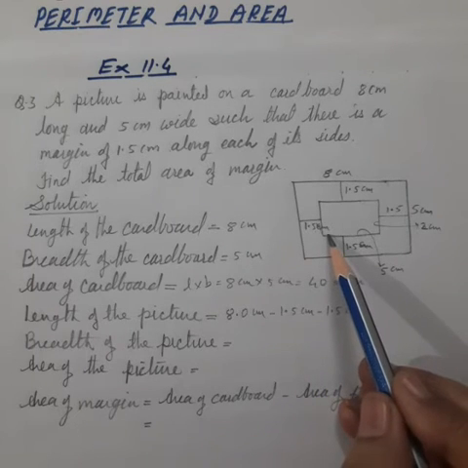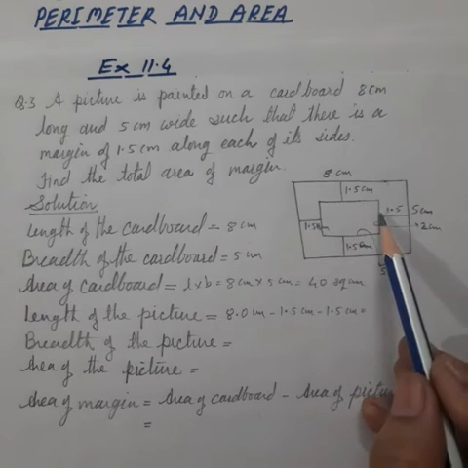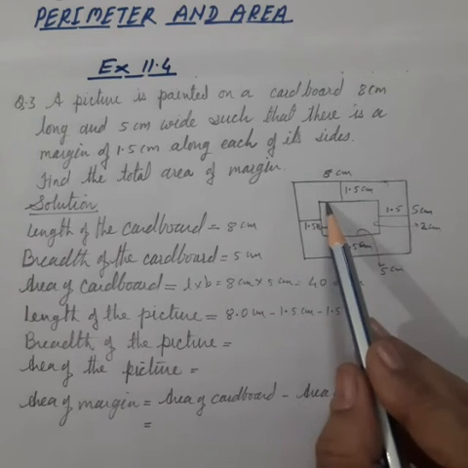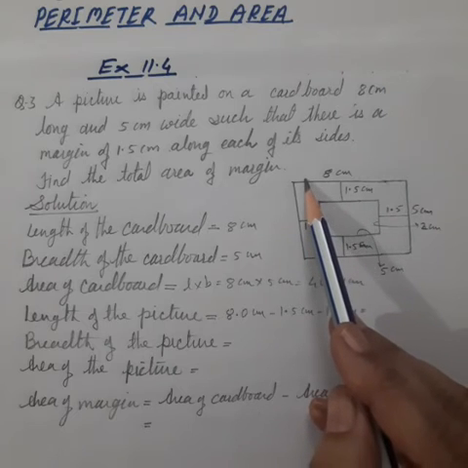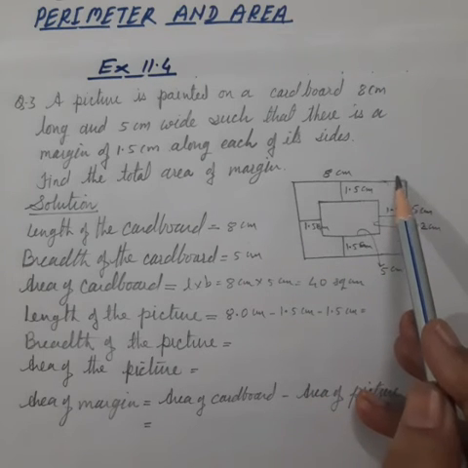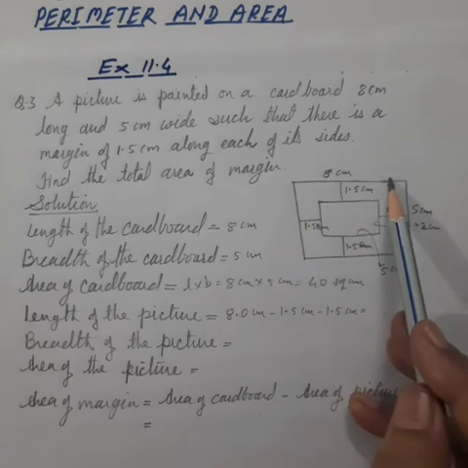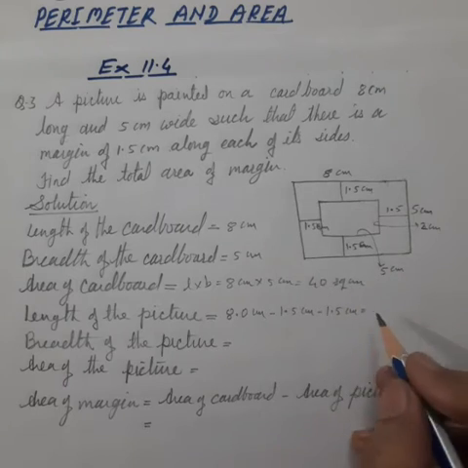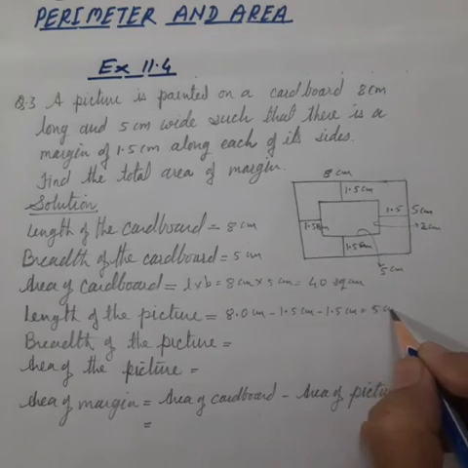Now we have to find out the area of painting. The margin from all sides is 1.5 centimeter. So to get the length of the inner rectangle, we have to subtract this 1.5 and from here also 1.5. So total we have to subtract 3 centimeter from total length 8 centimeter. So we get here 8 minus 3, 5 centimeter.